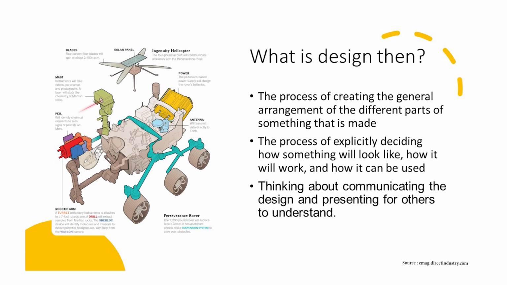Okay. So design is about communicating this thinking and presenting it for others to understand easily. Okay. If you have a very nice design in your head, but you're not able to show this kind of a structure that is clear enough, then you're not able to present your design for others to appreciate and then make the most use of it. Okay.